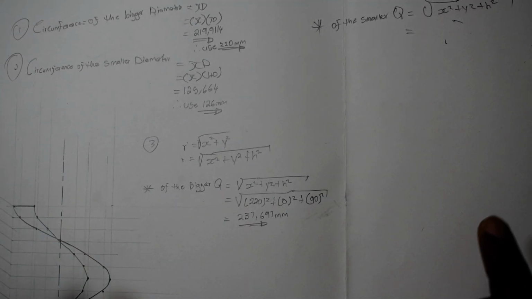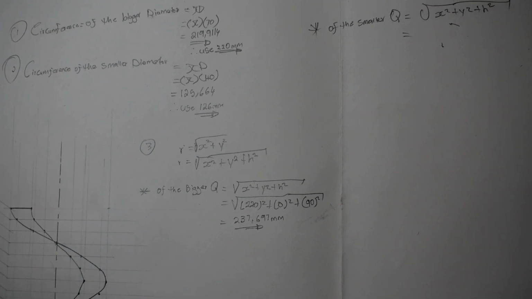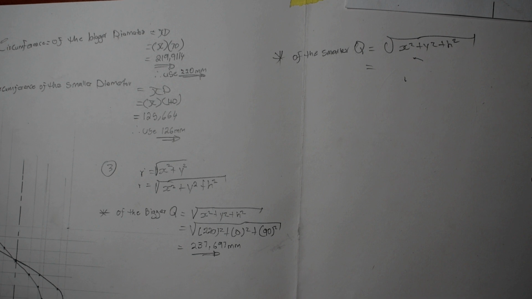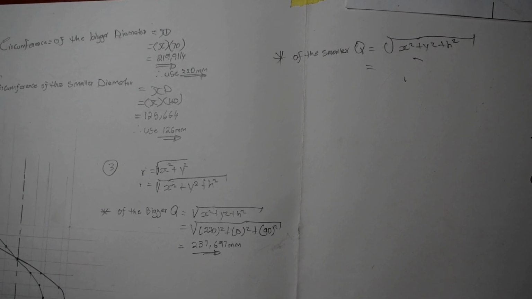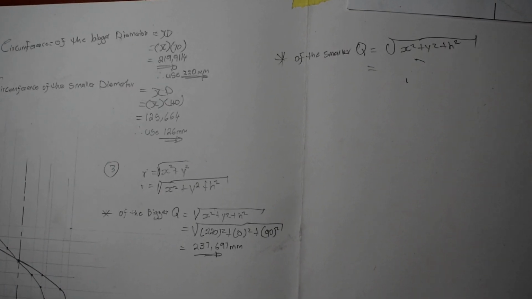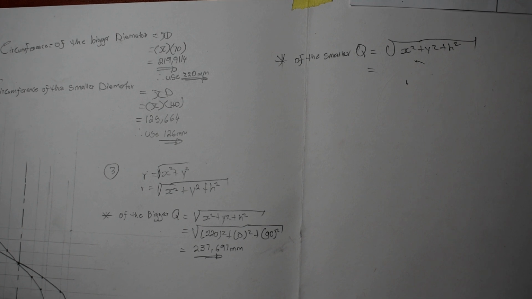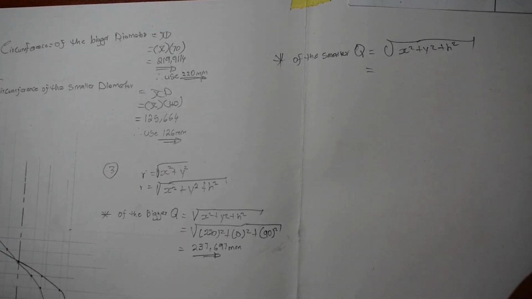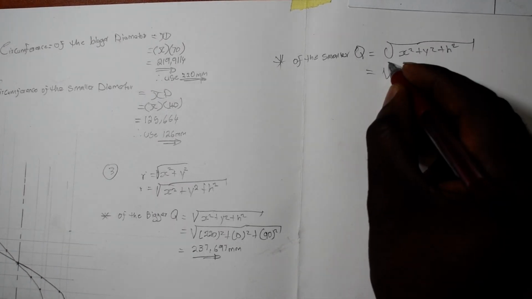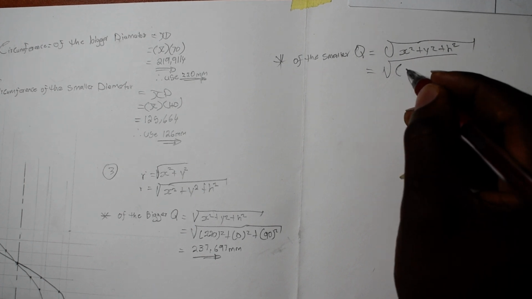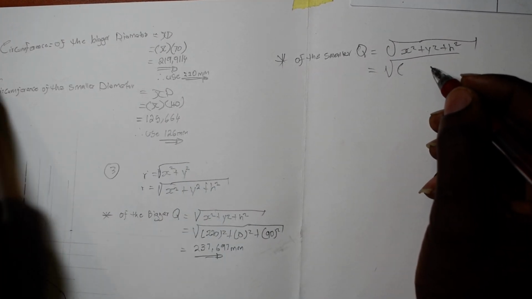At the end we are going to confirm this graphically, whether we've been calculating it correctly or wrongly. You understand? Graphically we are going to prove that. So now we're going to say square root of x squared, and we substitute your x with the smaller cycle.